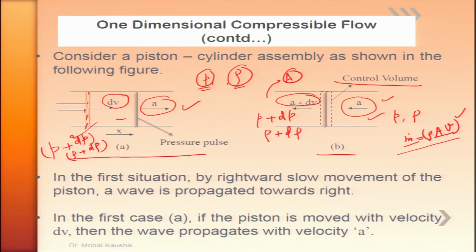The force is in terms of pressure: the downstream pressure is P plus dP, which is higher than P. The pressure difference is P plus dP minus P, and when multiplied by the cross-sectional area of the piston, this gives how much force is acting while the fluid flows from upstream to downstream over this control volume.